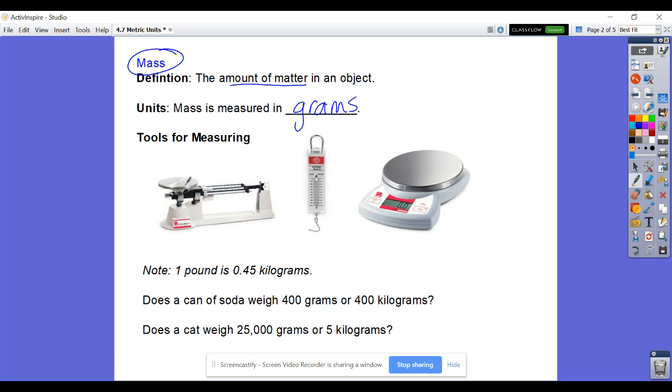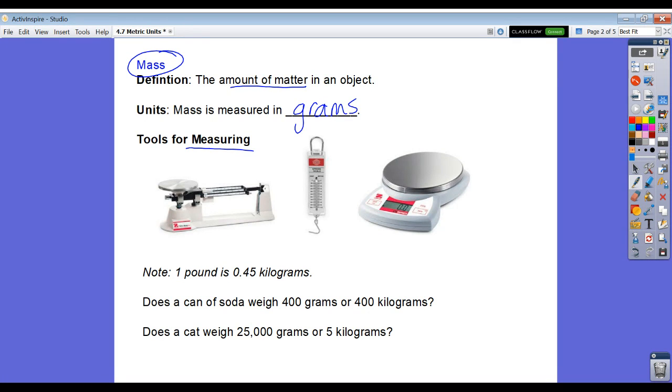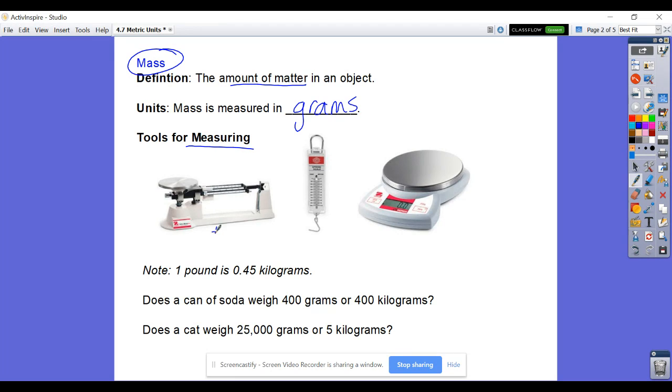So science connection here. These are some tools you might see for measuring mass, and maybe in a future science experiment you'll notice this. So this one, does anyone know what this one is called? It is called a balance. In fact, it's a triple beam balance. And again, that would give you a reading of the mass in grams. This one here, do you know what this is called?